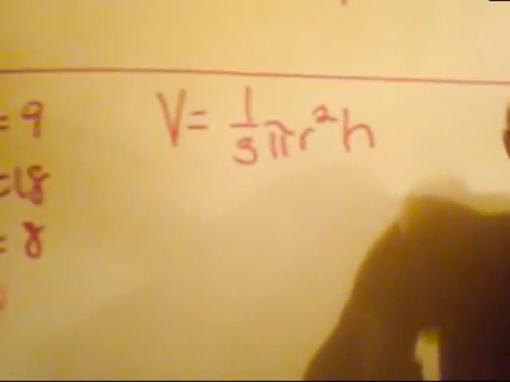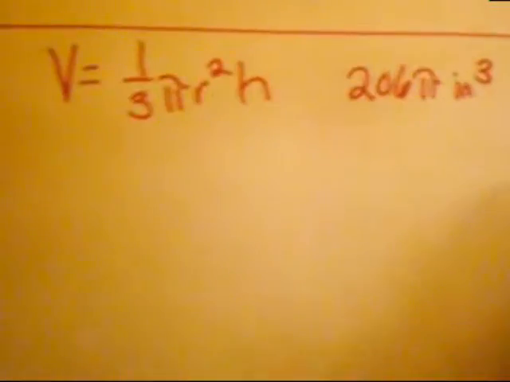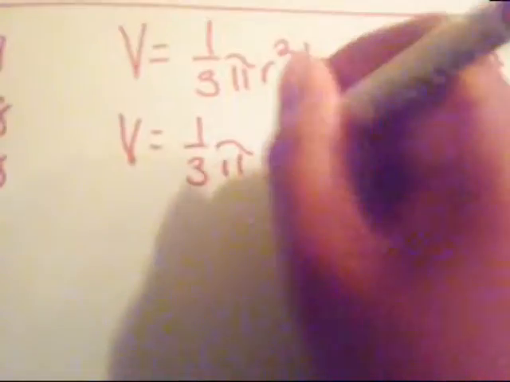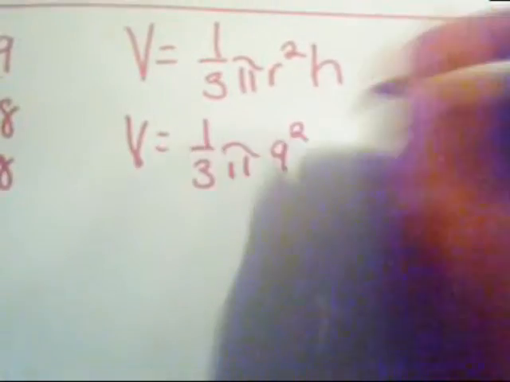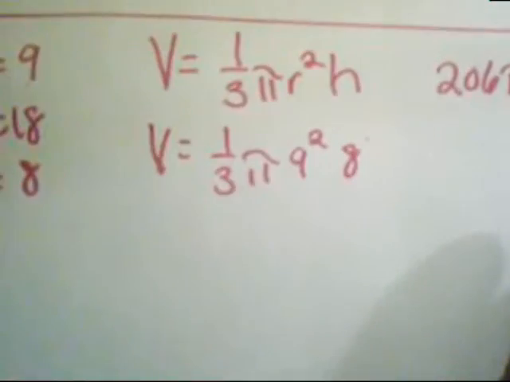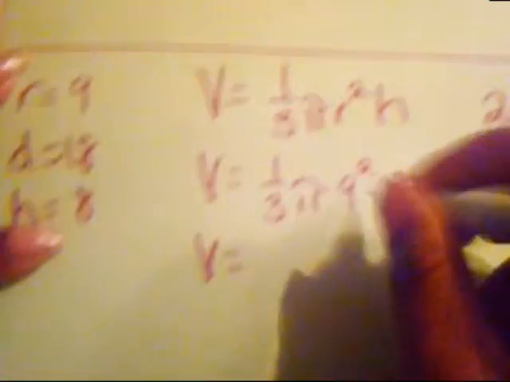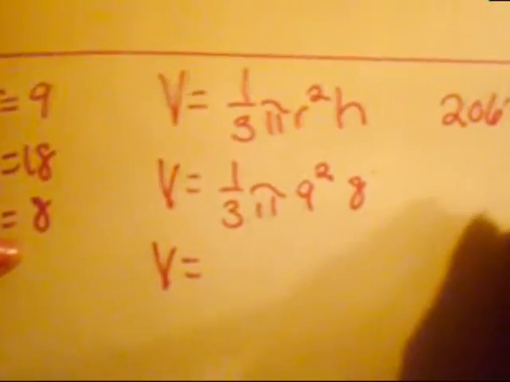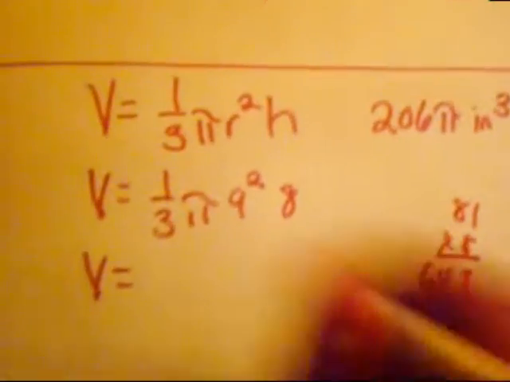Oh, by the way, guys, what did you get? Because I got 216 pi inches cubed. Let's fill in what we know. V equals 1/3 times pi times the radius, which we found was 9, squared, times the height, which is 8. What we need to do is multiply these things together. V equals 9 squared, which is 81. And then 81 times 8 is 648.